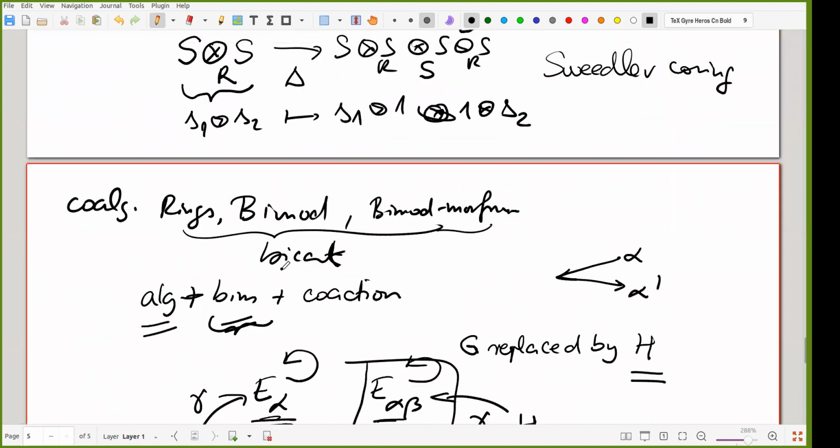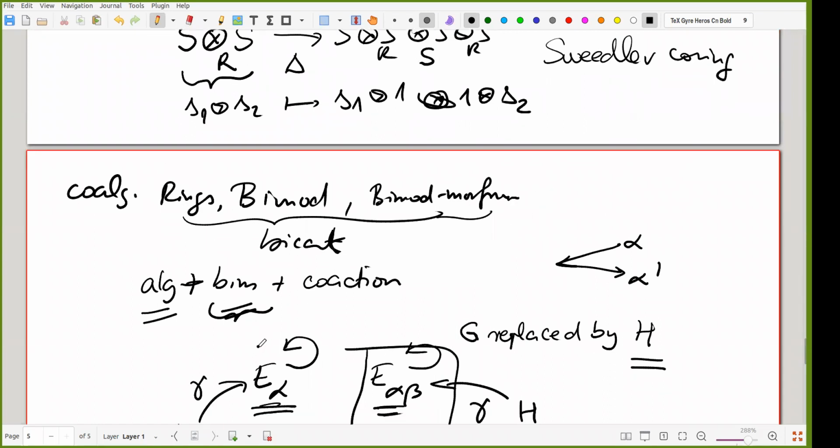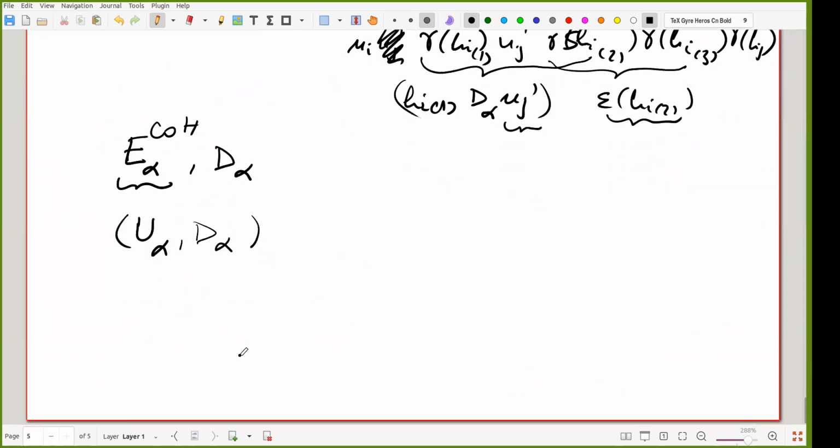Now I say more. I want to construct a different bicategory in which I will take such actions into the definition. So I will have two bicategories: one bicategory upstairs, and another bicategory downstairs.